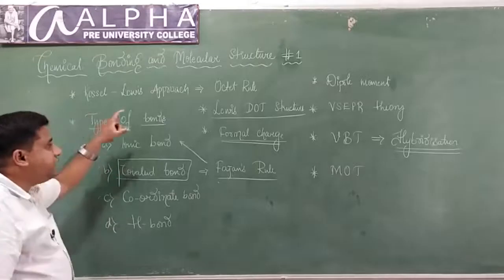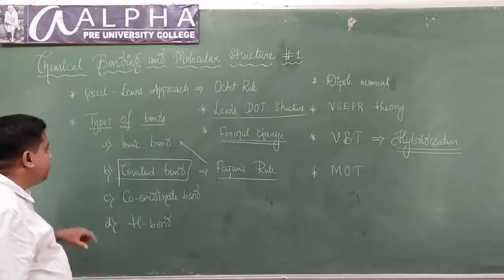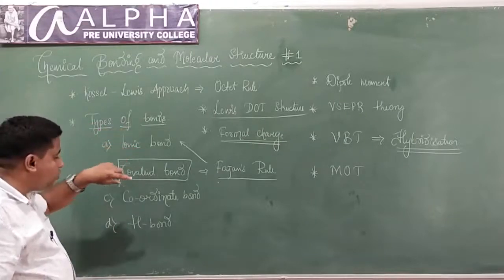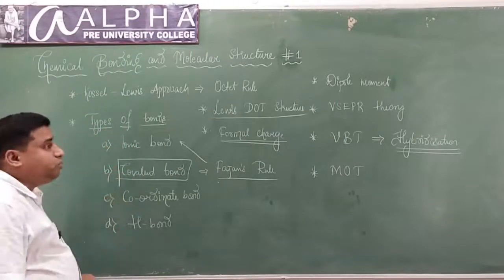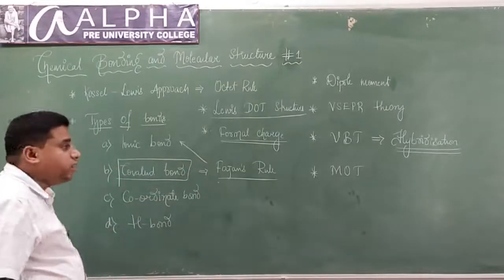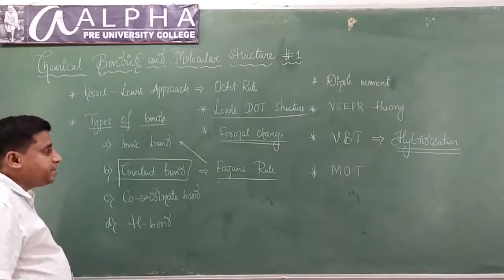So, Kossel-Lewis approach, Octet Rule. In types of bonds, we should discuss the nature of ionic bond, covalent bond, coordinate bond, and hydrogen bond. Under covalent bond and ionic bond, we study a rule called Fajan's rule.